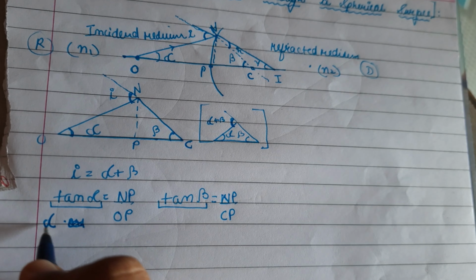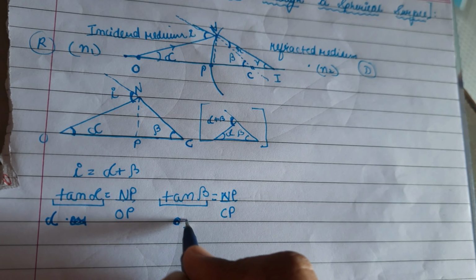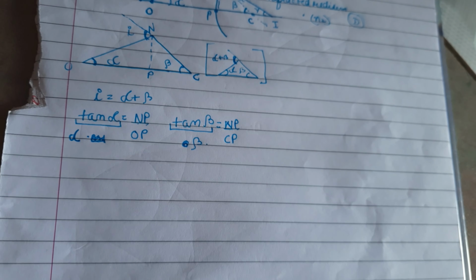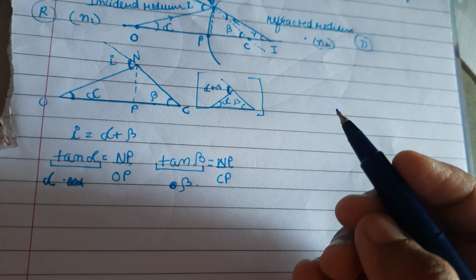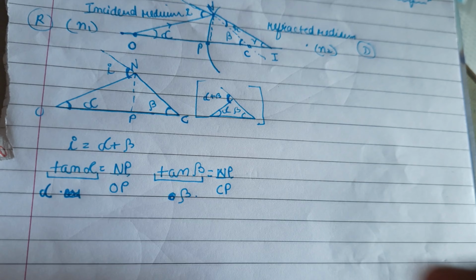So we will indicate this as alpha and this as beta, as theta is small. Okay, so that's it.